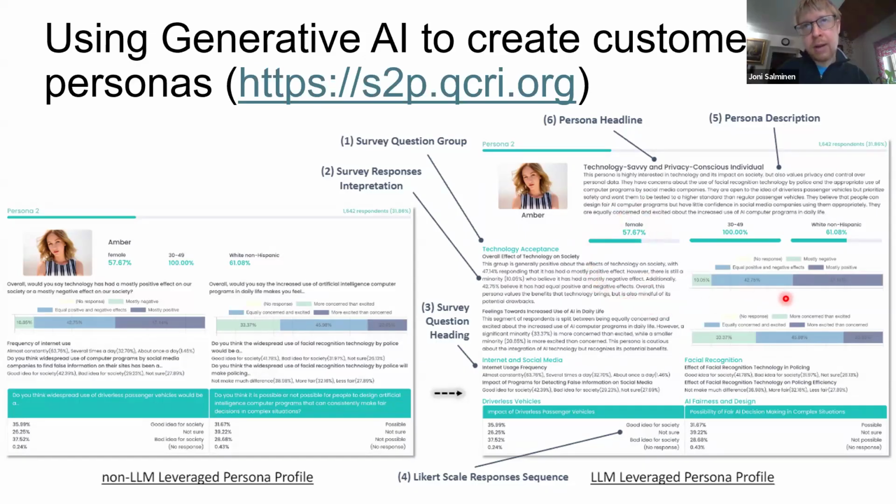And then there are some illustrations that also originate from the data of that particular persona. So here's a good example of how generative AI can be used as part of a customer or user segmentation pipeline along with other algorithmic tools and other system components to generate a persona.